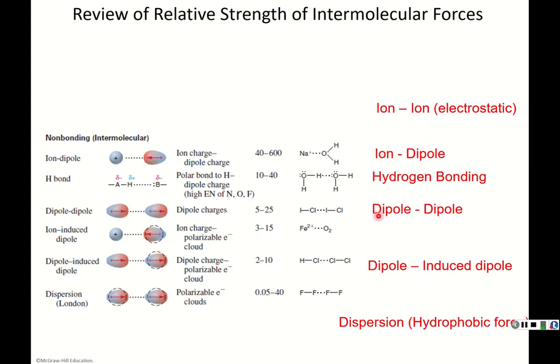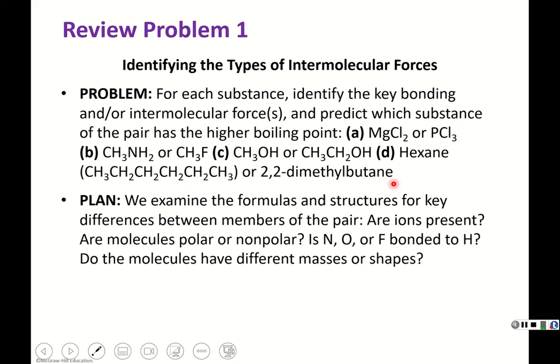Then hydrogen bonding and dipole-dipole, those are partial charges interacting with a partial charge. And finally, a partial charge dipole inducing a dipole, and then dispersion and the hydrophobic force. Those are the lowest or weakest intermolecular forces in terms of strength. But we did see at the end of the lecture that those are still very important for things like biology.